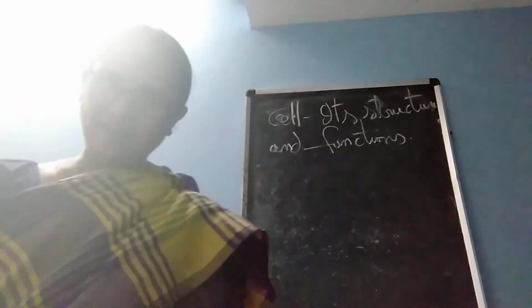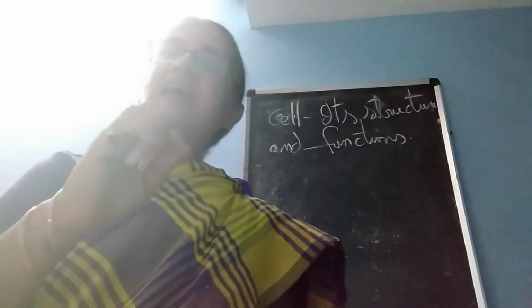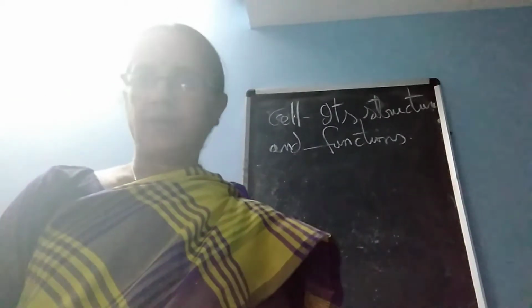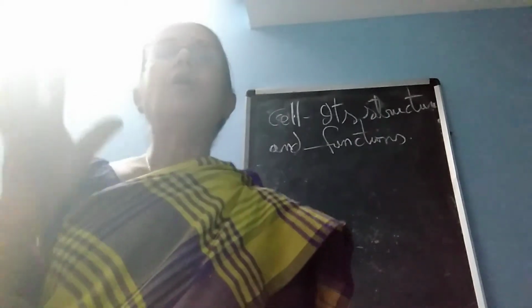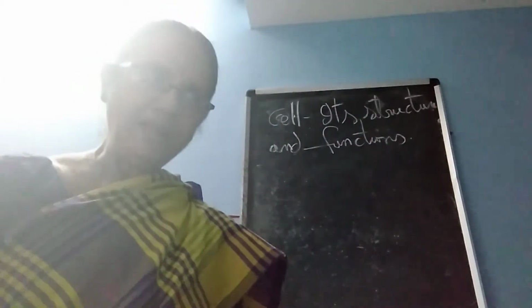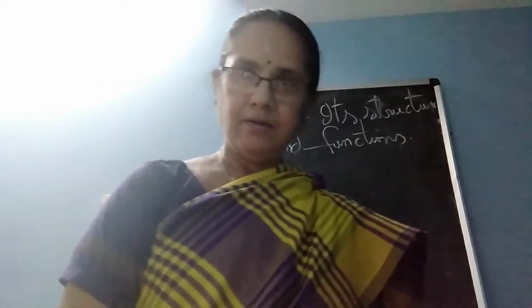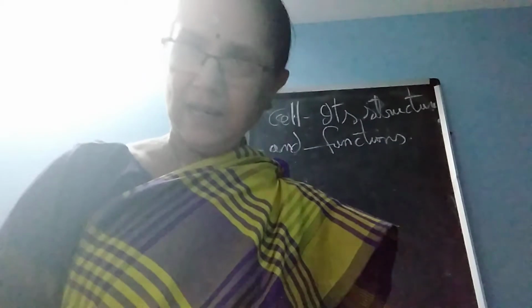What is a cell? A cell is the smallest basic unit of any organism. For example, a wall is made of bricks.